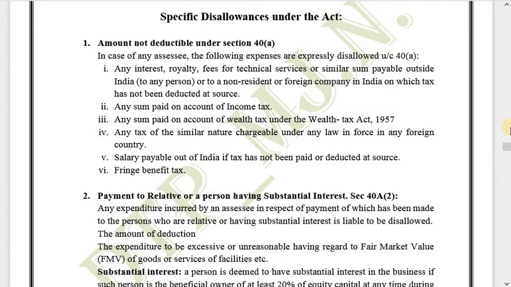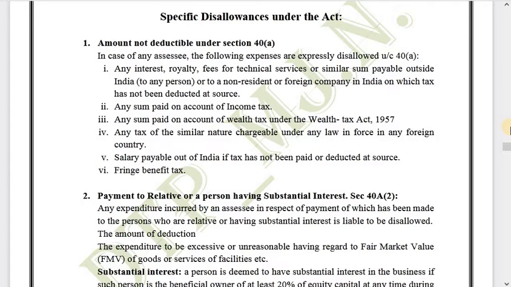Any interest, royalty, fees for technical services or similar sum payable outside India to any person or to a non-resident or foreign company in India on which tax has been deducted at source. So tax has not been deducted at source. Second case is any sum paid on account of income tax.